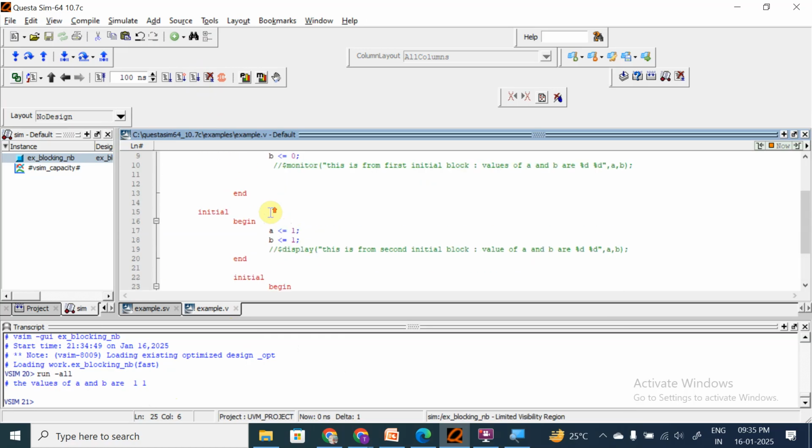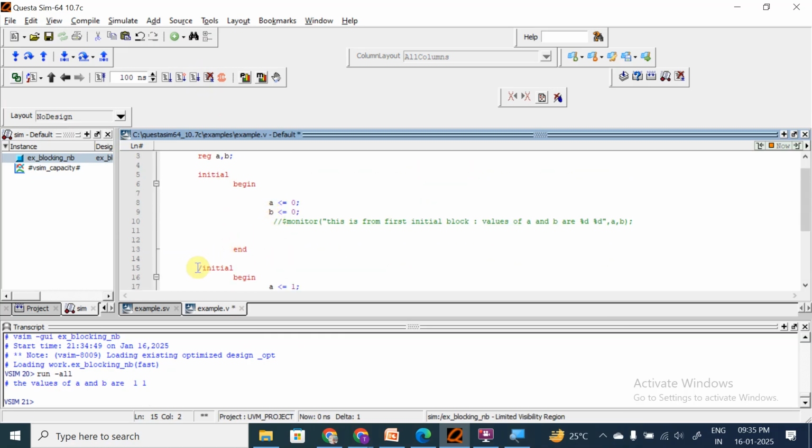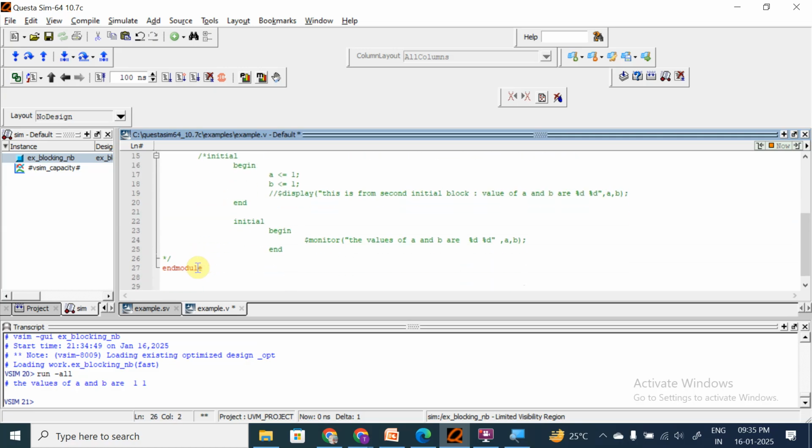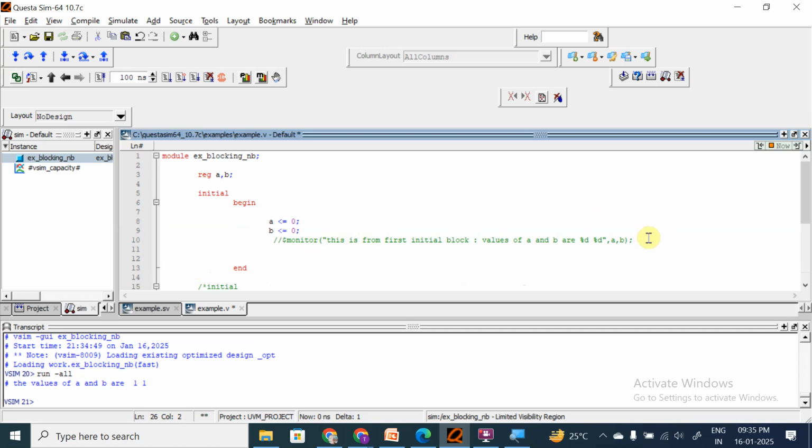Okay. Now, let's say the values of A and B are %d, comma A, comma B. Now, what may be my values of A and B?